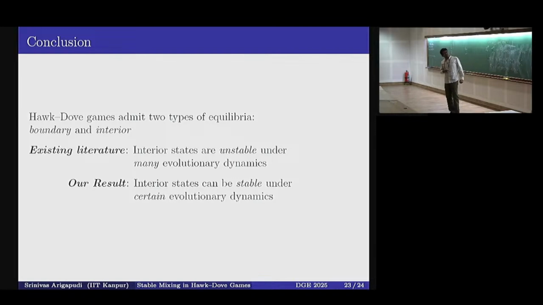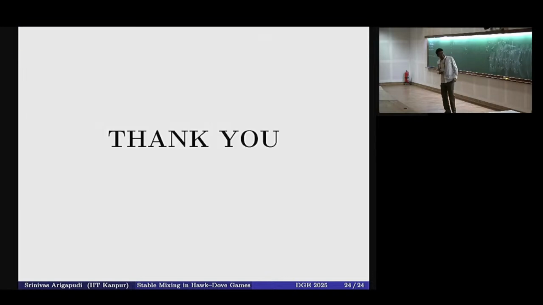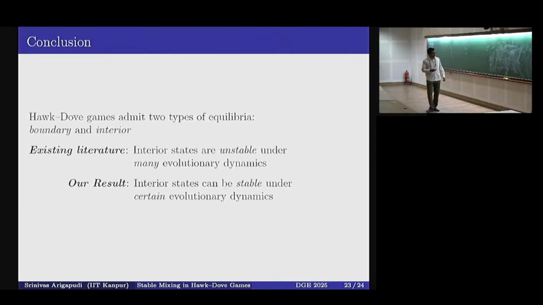This is in contrast to the results in the literature, which say that under many evolutionary dynamics, only the boundary points are going to be stable in the Hogdorf game. So that's the paper.